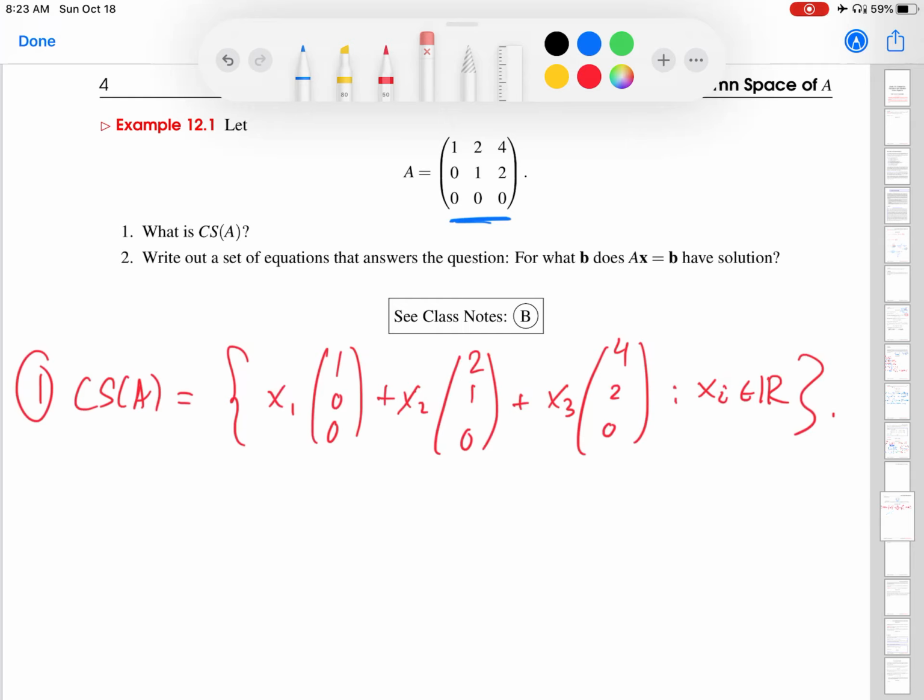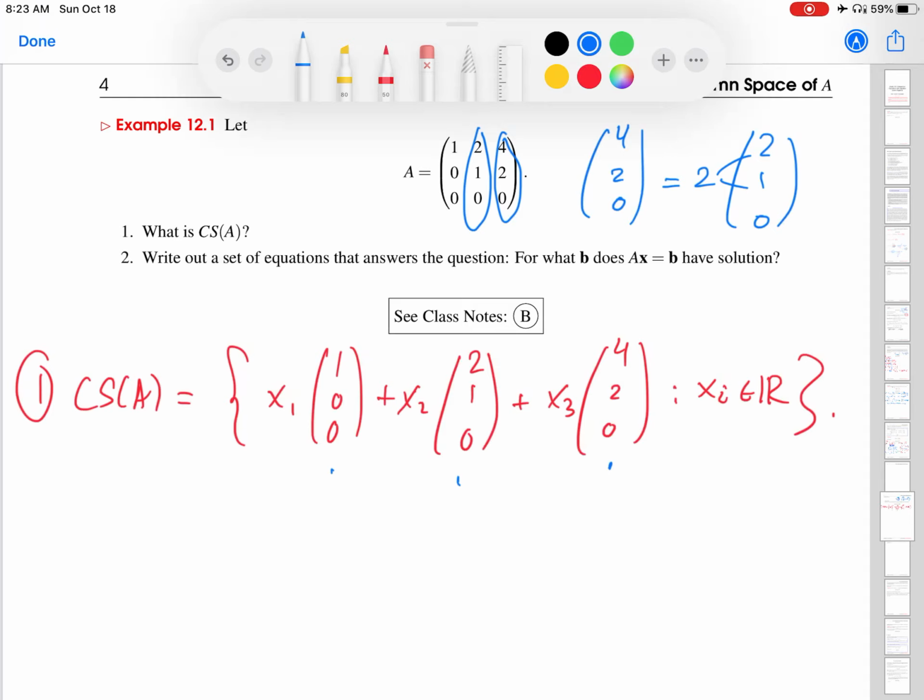I'll just mention here, I did this deliberately. If you look at this matrix and you look at its second and third columns, you'll notice that the third column, 4, 2, 0, is literally twice the second column, 2, 1, 0. So these three vectors down here are linearly dependent because there is some relationship between them.